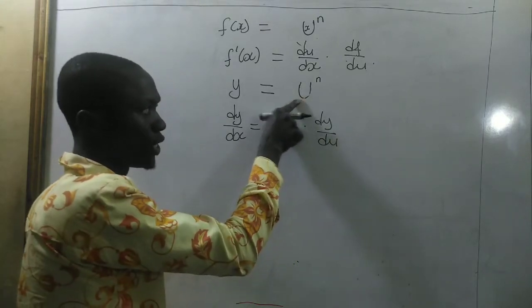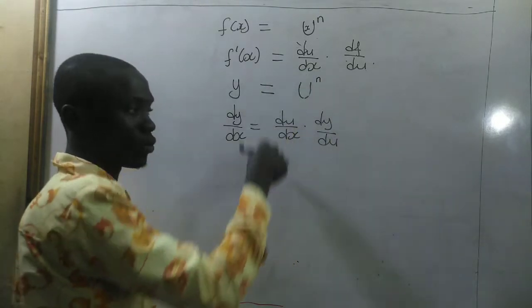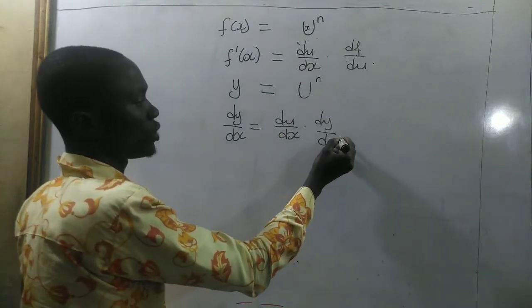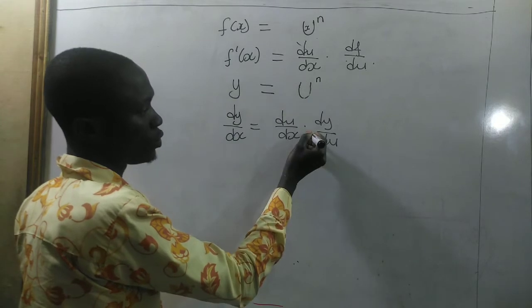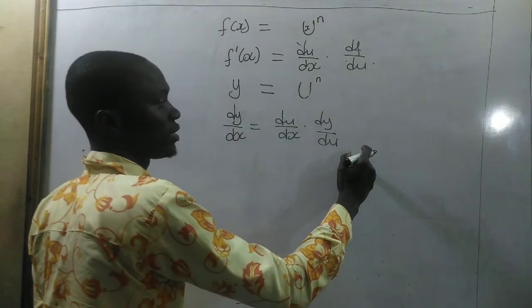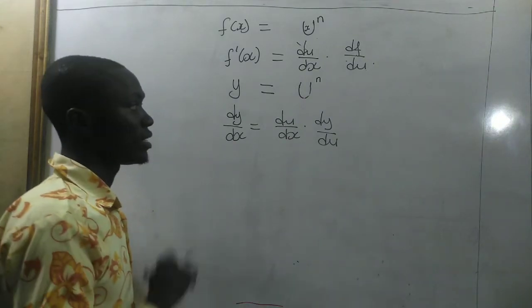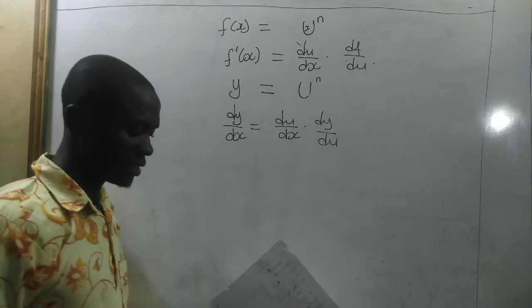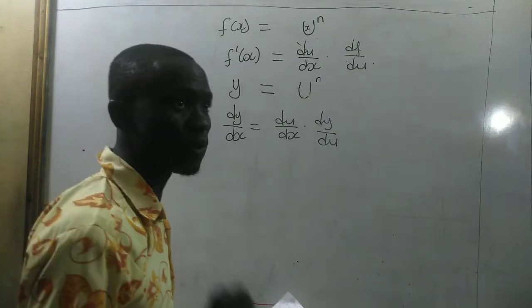That is, you differentiate u with respect to x, since it contains x, and you multiply it by dy on du, so that the du will cancel du. That's why we call it a chain. So you see that there's a chain here. Very simple as that. So now let's take a few examples, and these examples will help you very well.